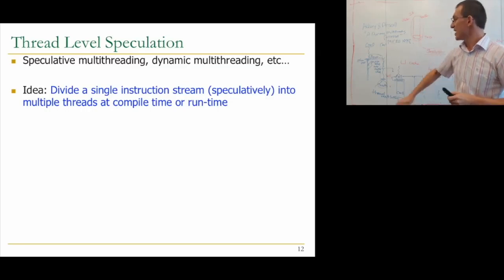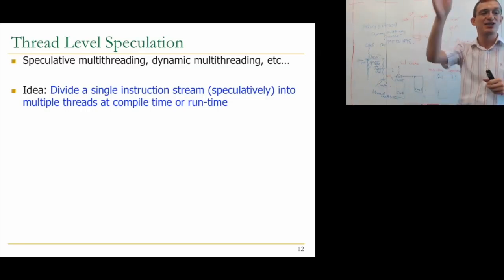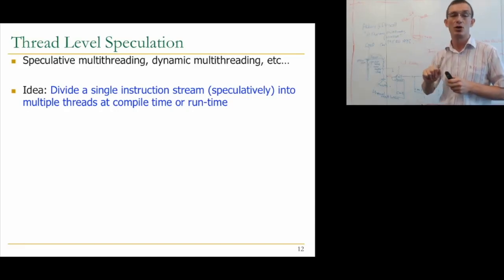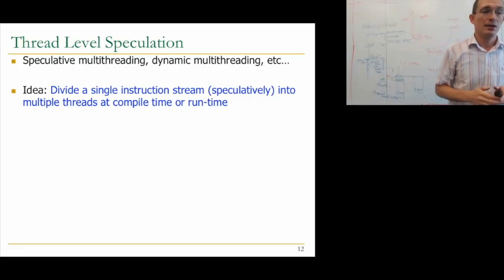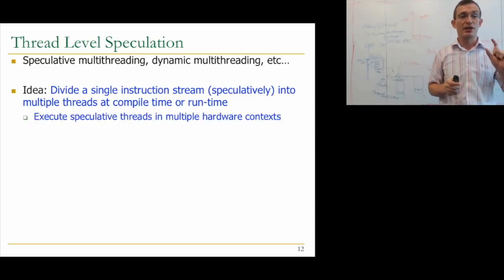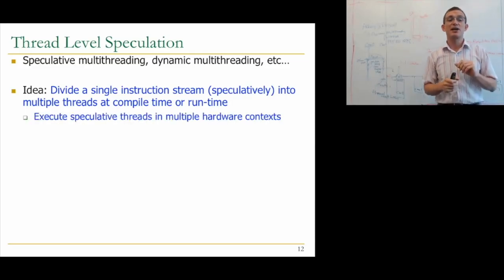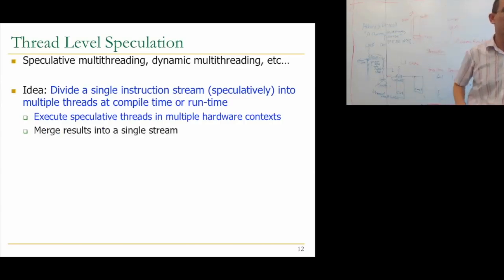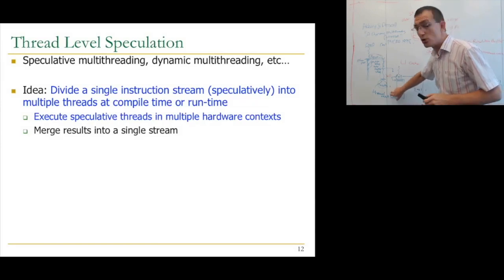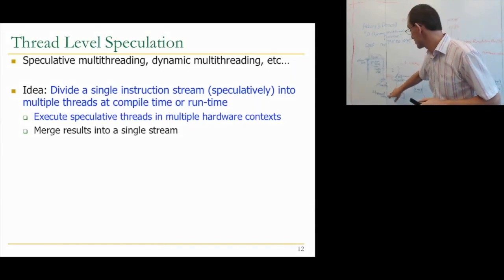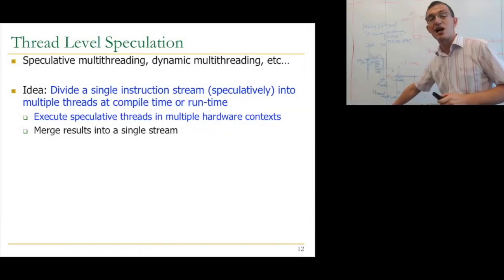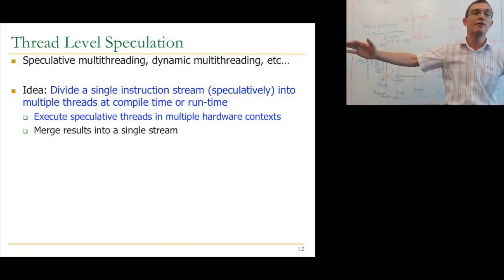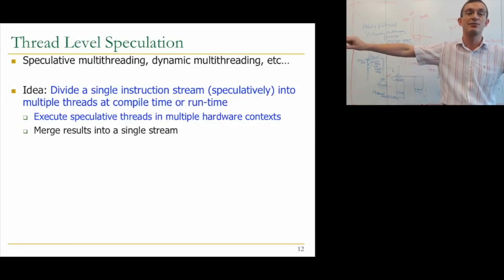But the basic idea I've already given you, right? Divide a single instruction stream speculatively into multiple threads at compile time or runtime. And the key is speculatively. And you can execute speculative threads in multiple hardware contexts, as I've shown over here. And eventually, you need to merge the results into a single stream. For example, this function call needs to merge its results into the single stream such that the results appear as if you've executed that single instruction stream sequentially, right?